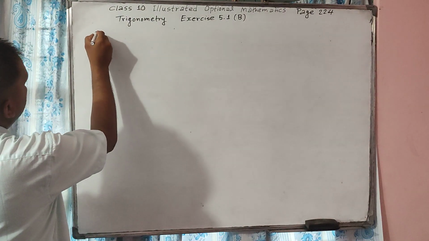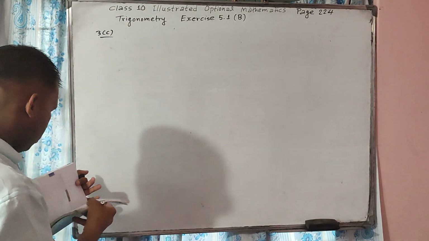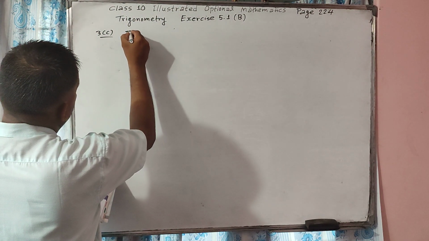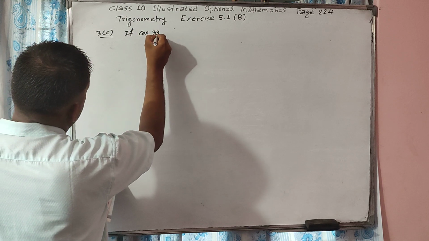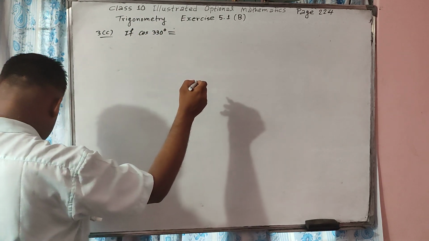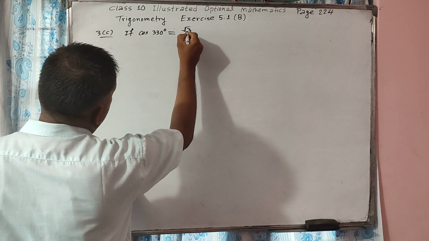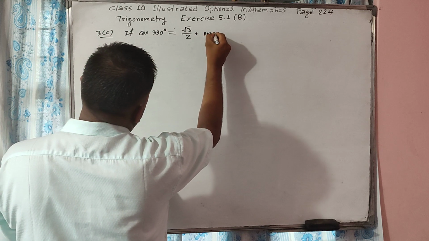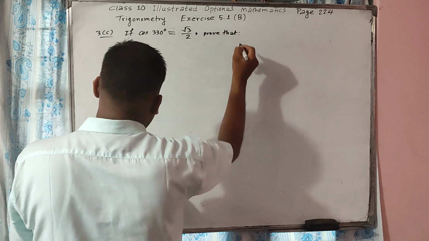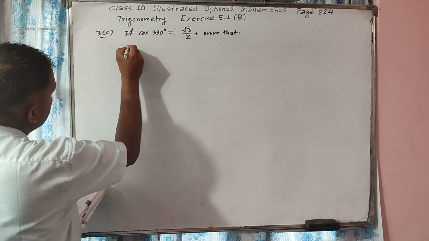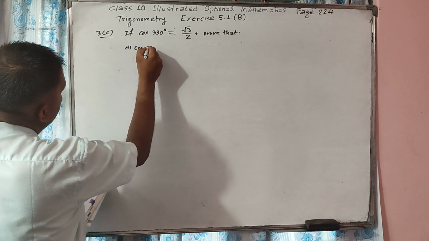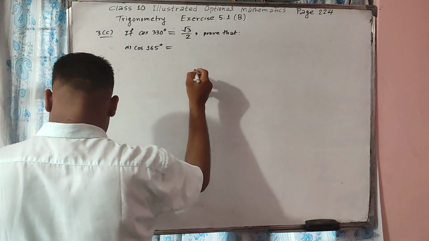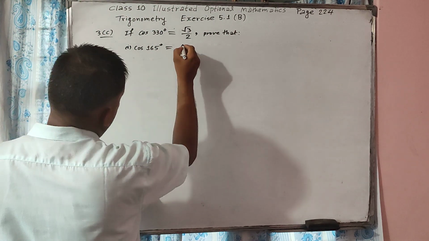Question number 3C. The question is: if cos 330 degree equal to root 3 by 2, prove that number 1, cos 165 degree equal to (1 plus root 3) whole upon 2 root 2.